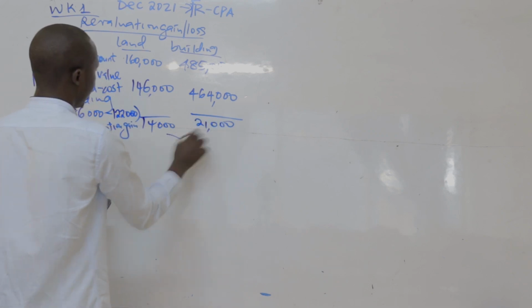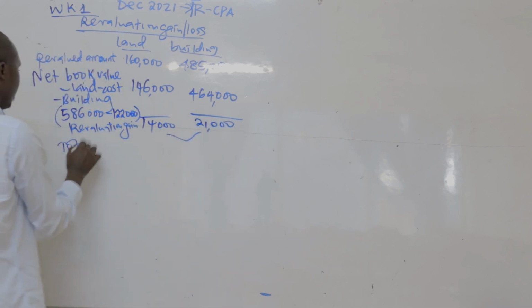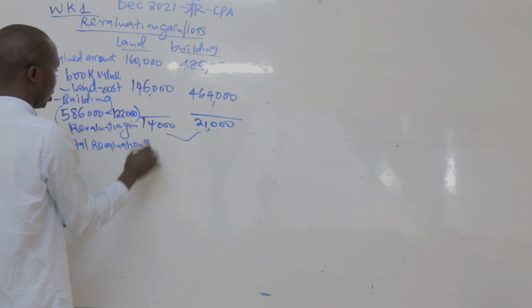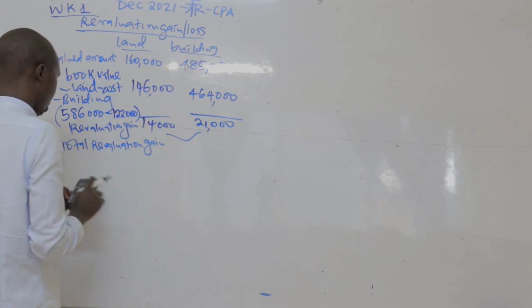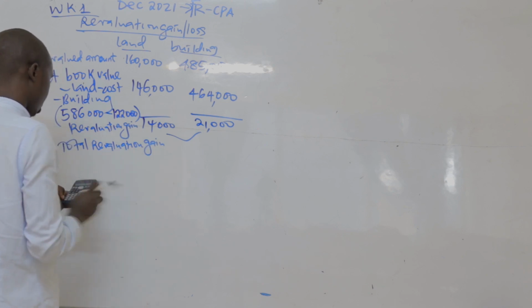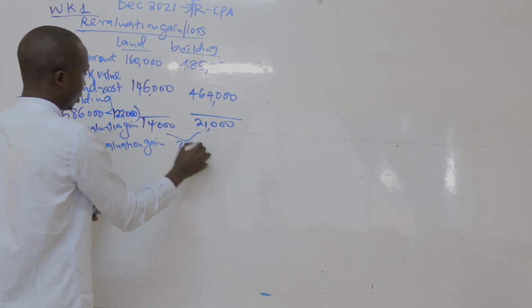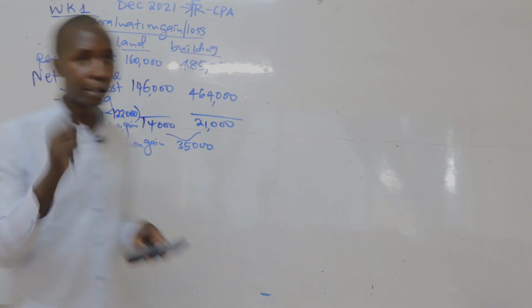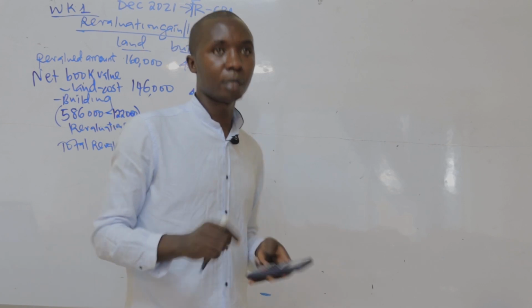So the total revaluation gain will be 35,000. This one will be taken to the other comprehensive income in the statement of profit and loss.